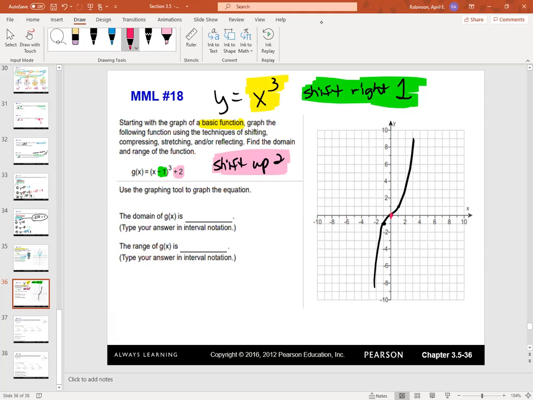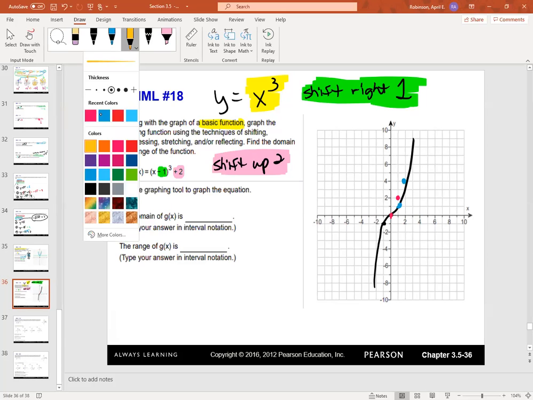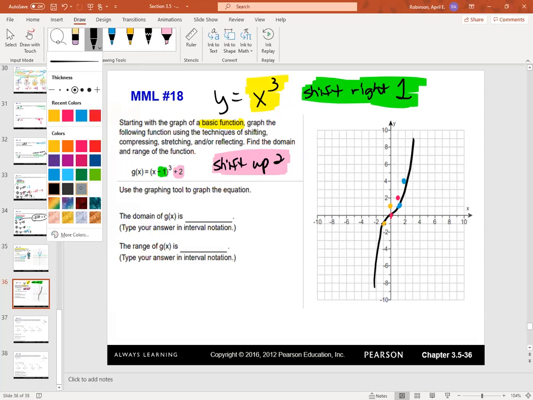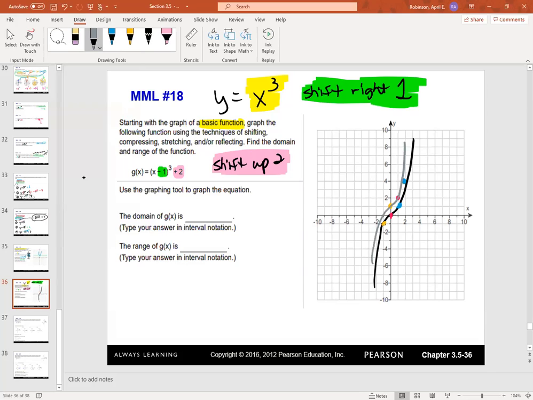That point has to go 1 to the right and up 2. It would land here. This point would go 1 to the right and up 2, which would land here. And this point would go 1 to the right and up 2, which would land here. So my new graph, in gray, would look something like that.